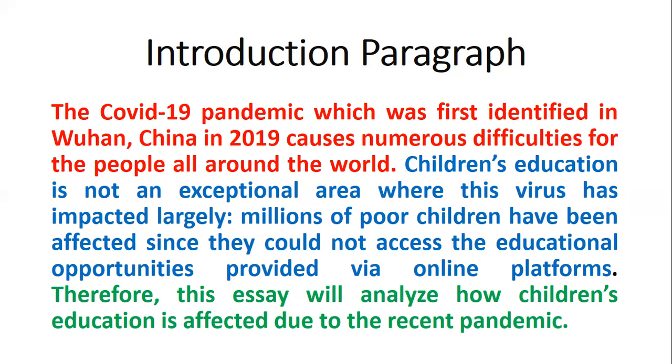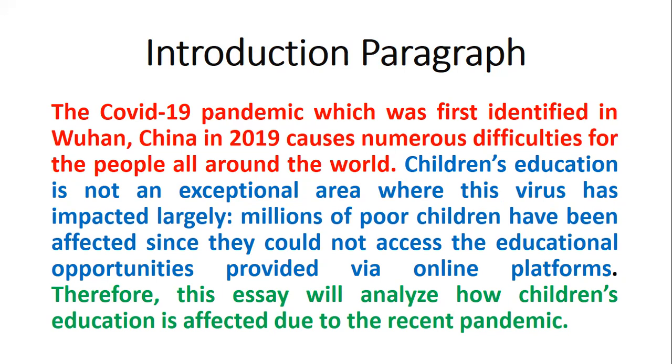The COVID-19 pandemic, which was first identified in Wuhan, China in 2019, causes numerous difficulties for all the people all around the world. Second sentence, children's education is not an exceptional area where this virus has impacted largely.